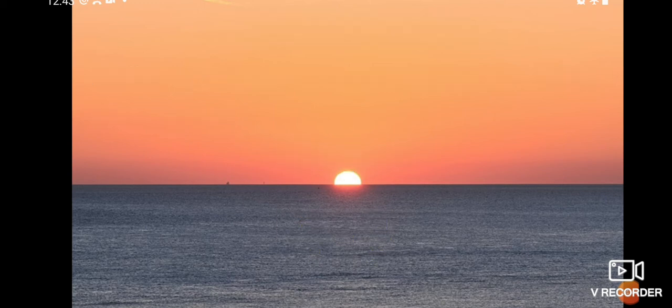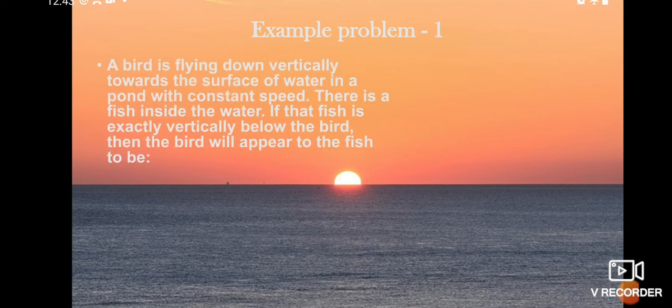Then how can we apply these formulas in our daily life examples? For example, we have taken one example. A bird is flying vertically towards the surface of water in a pond with constant speed.